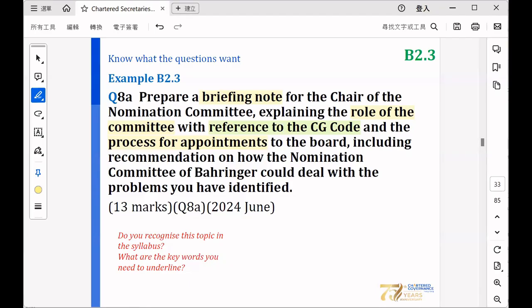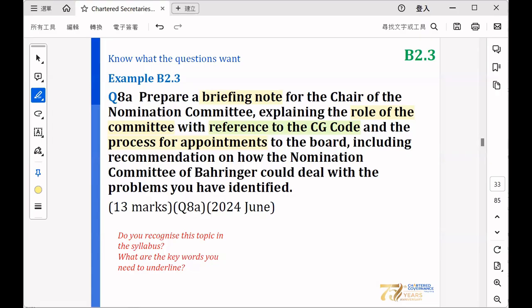The appointment should be a formal process. It should be transparent, and you could look at the board evaluation to look at the skills required after the evaluations. The process of appointment is also related to time commitment.